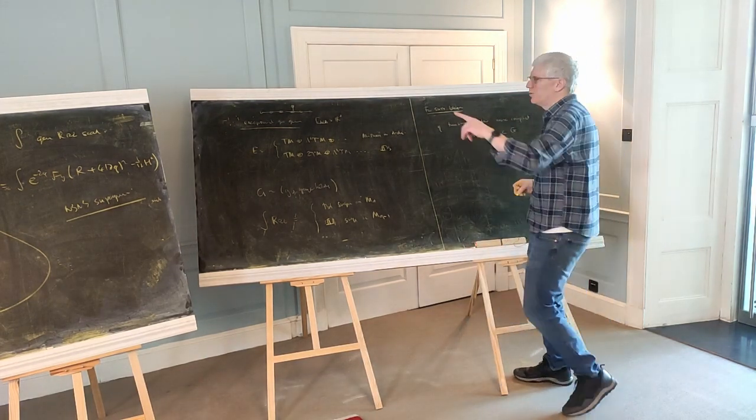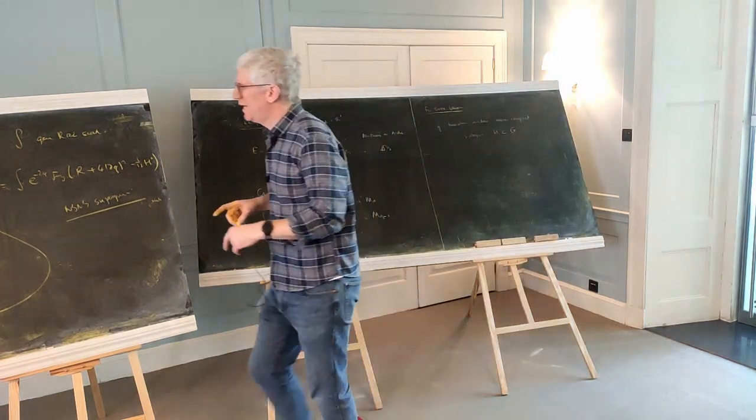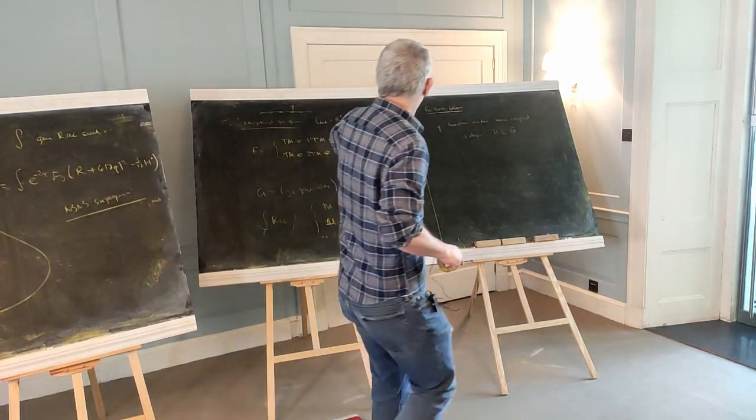In the ordinary case, it would be SO and spin. Here, the maximally compact subgroup is O_D times O_D, so it would be spin D times spin D. Here, it depends on which dimension you're in.